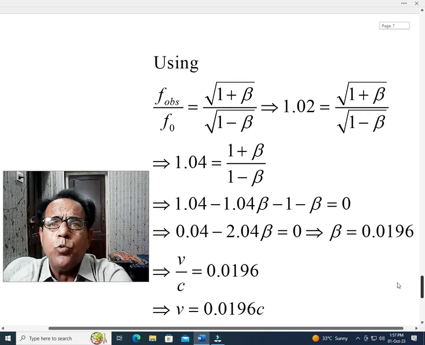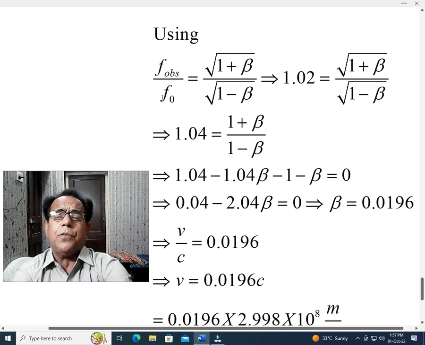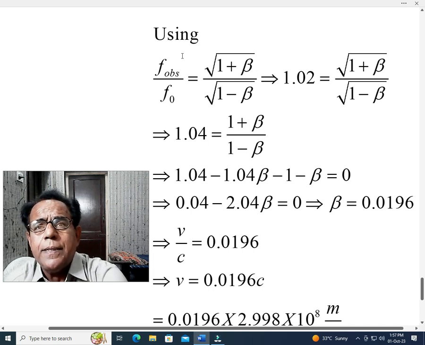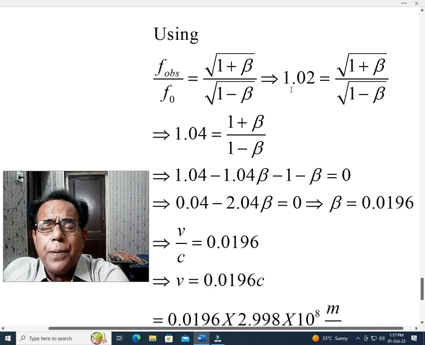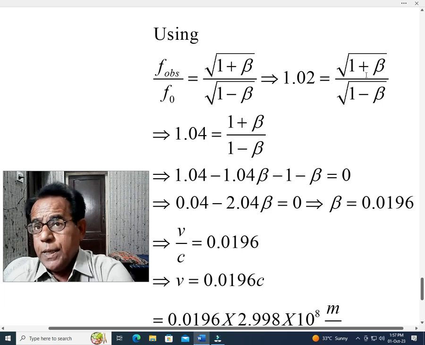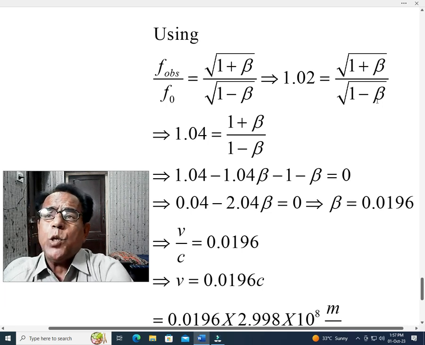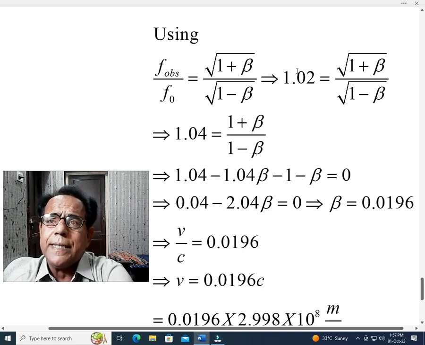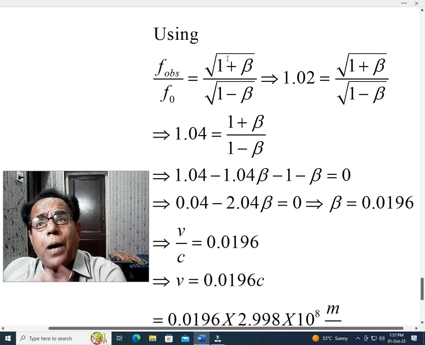Using f observer over f naught equal to the square root of 1 plus beta over 1 minus beta, its value is put: 1 plus 0.02 is equal to the square root of 1 plus beta over 1 minus beta. Now, we are taking square on both sides. Its square will become equal to 1.04, while the factors will come out of the under root.